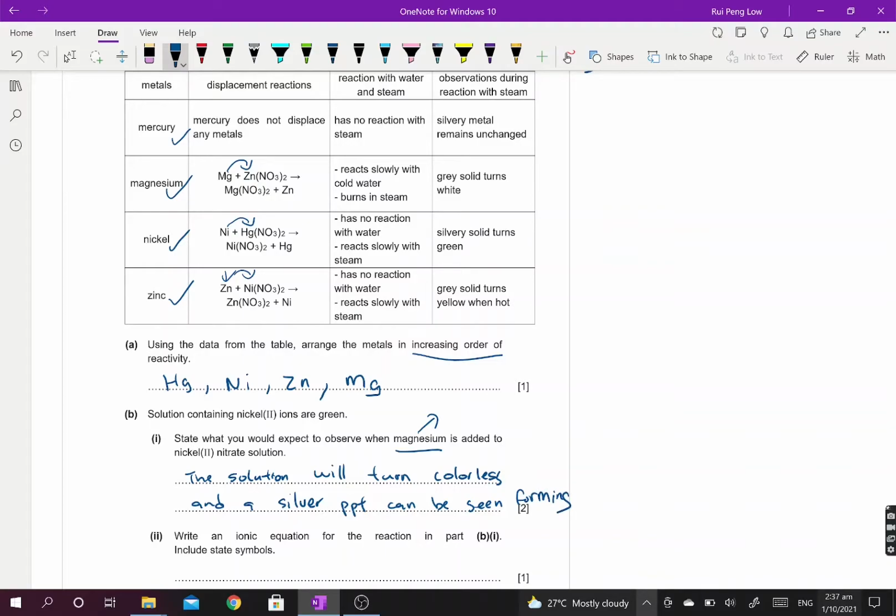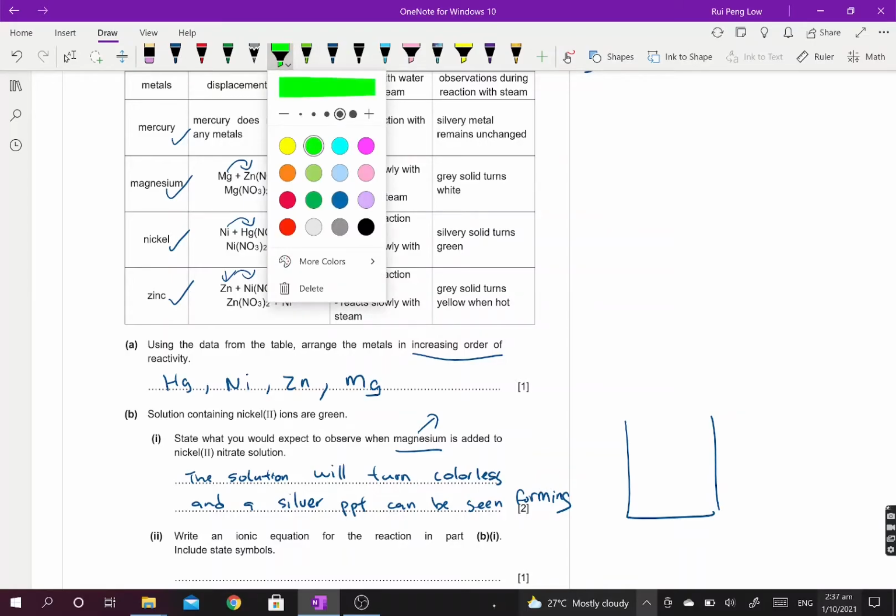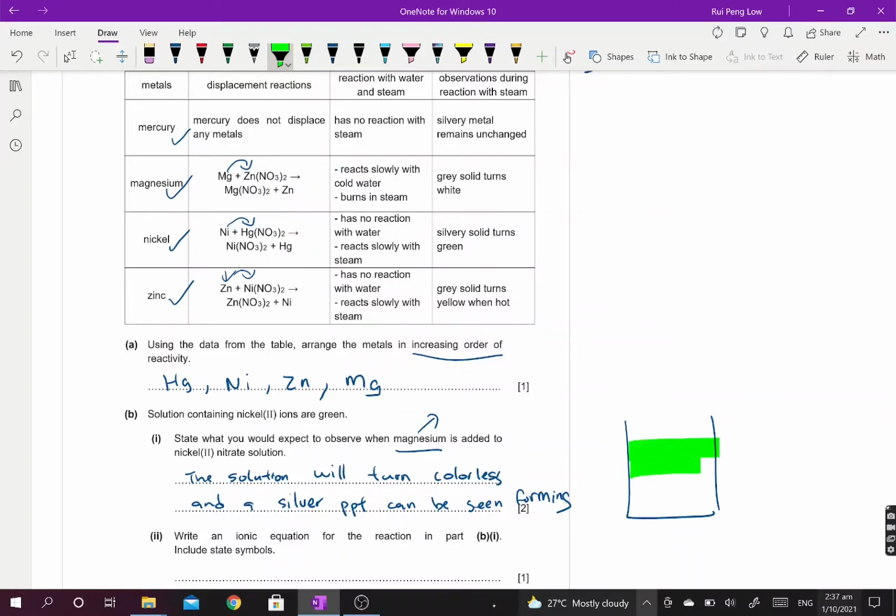So what is happening is that we have a green solution. This green solution is your nickel nitrate.